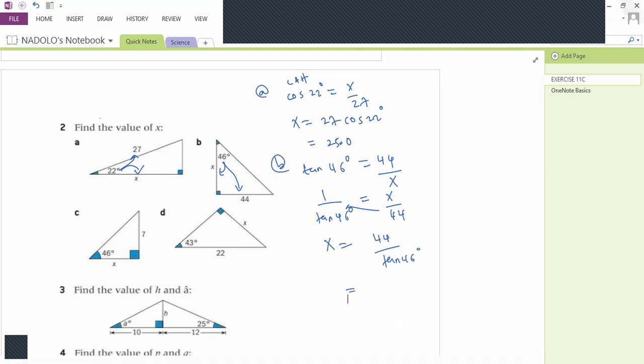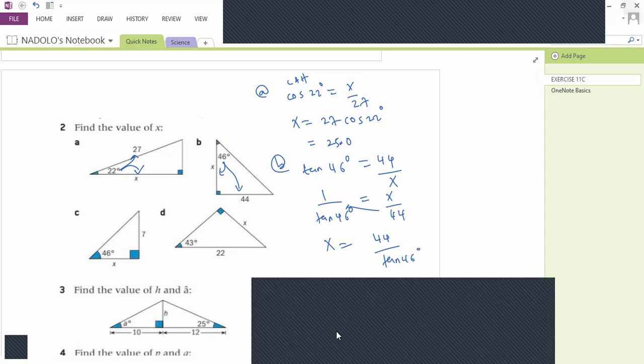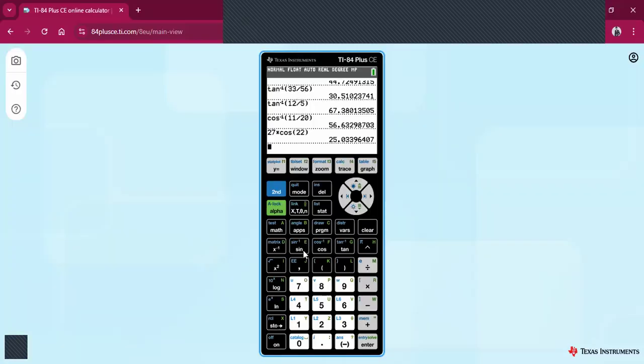So 44 divided by tan 46 degrees, you can use your GDC to get that. I will write 44 divided by tan 46. So we write tan 46, then close your bracket. Remember, it is still in degree mode.